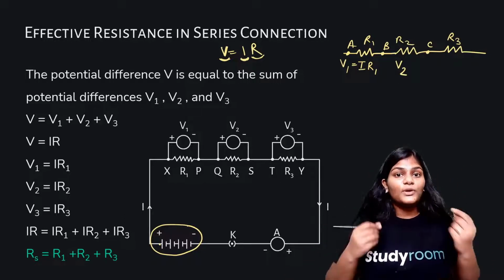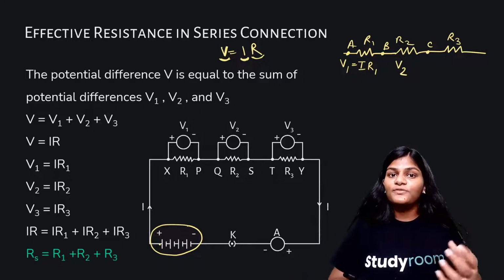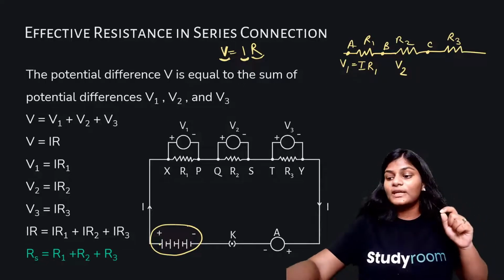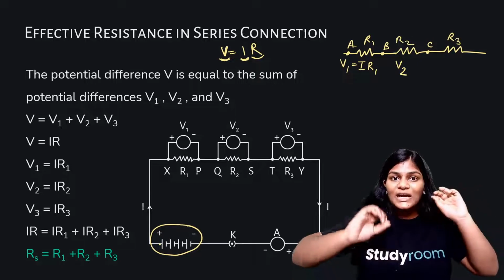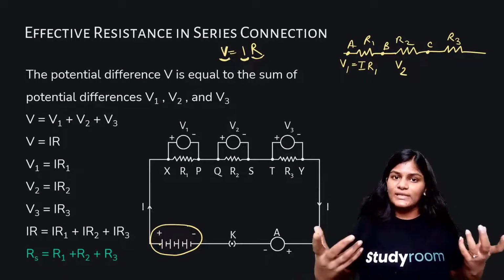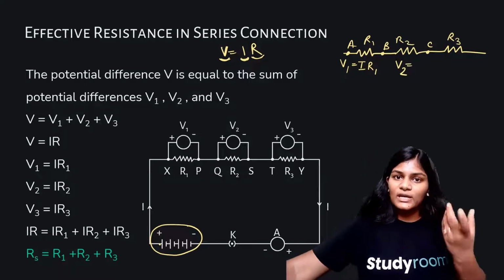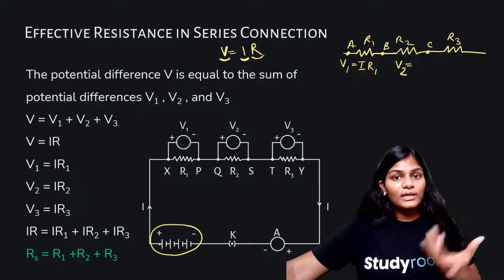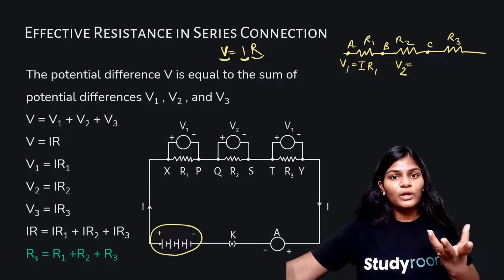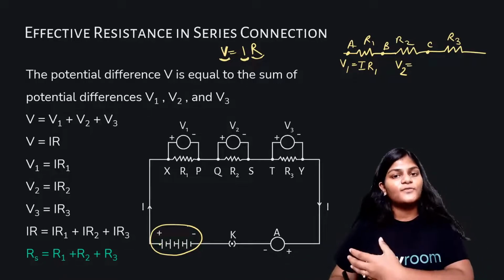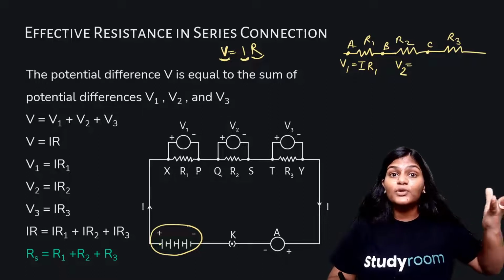Now the concept that you have to keep in mind here is the potential differences across 2 points, right? So we are calculating the potential difference across each of the 2 ends of the resistors. Okay. Now V2, V equal to IR is the formula. What is the current that is flowing through it? There is no I1, I2, I3. If there were different currents flowing through each, then we would have had to give them different names.